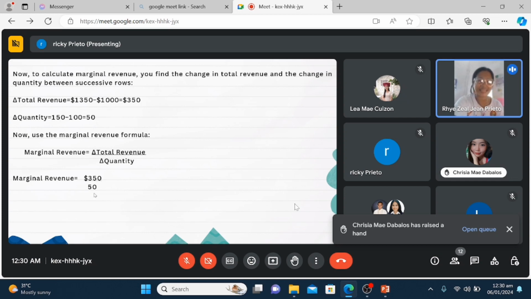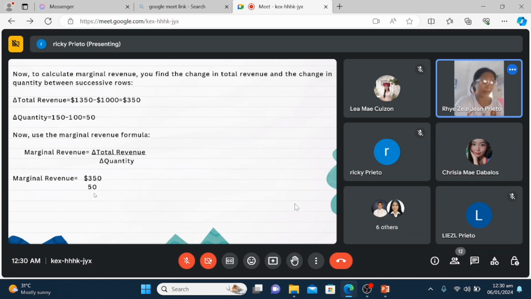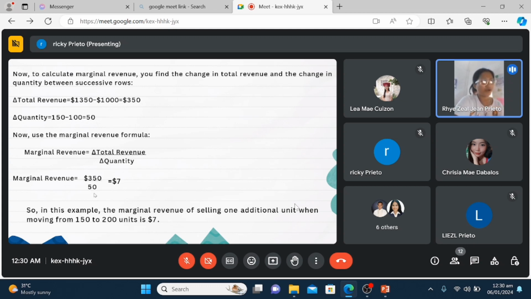Yeah, Miss Dabalos again. 7, ma'am. Alright, so 7, correct. So, in this example, the marginal revenue of selling one additional unit when moving from 150 to 200 units is $7. So this is how you get the marginal revenue.